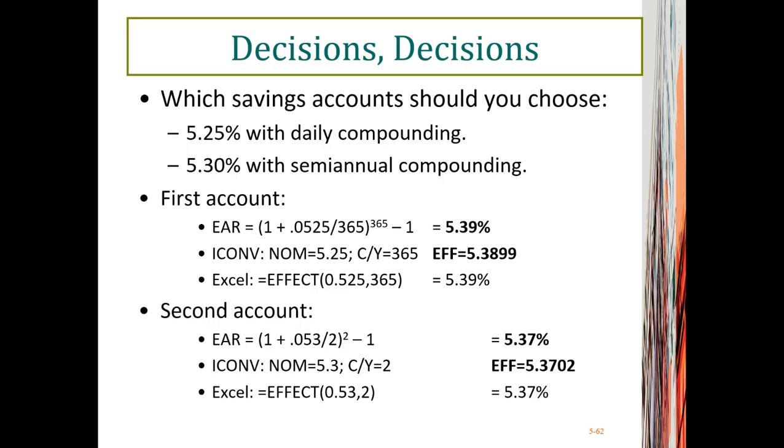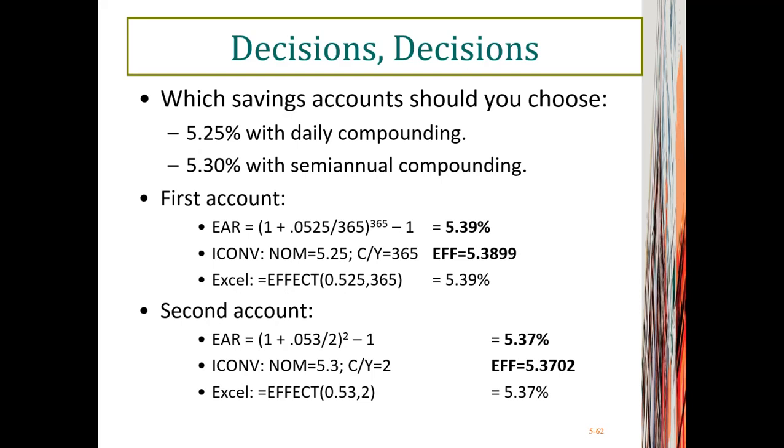For the daily compounding, EAR equals 1 plus APR 0.0525 divided by the number of compounding periods in a year, which is 365, then you raise to the power 365 and minus 1 to get 5.39%. So that is the true interest rate based on daily compounding.